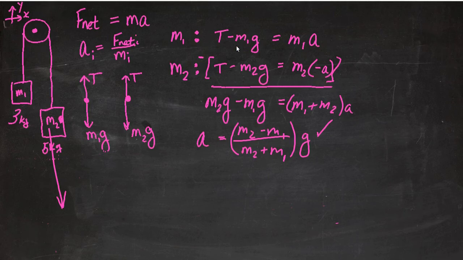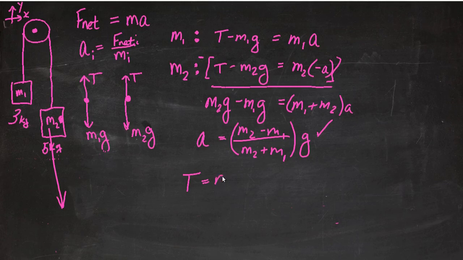So now if we were asked for the tension, how would we find it? Well, we would just take a, plug it into this equation, and solve for T. Let's do that. T is going to equal, notice I can move this term over to the other side as a plus m1g.